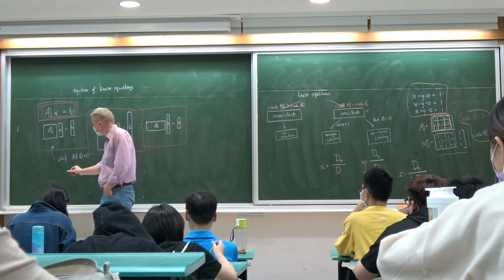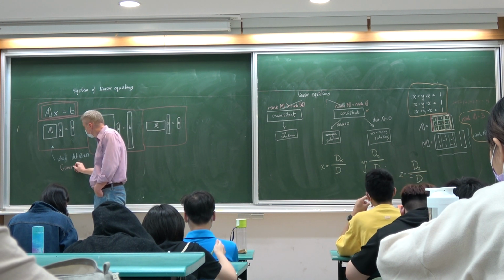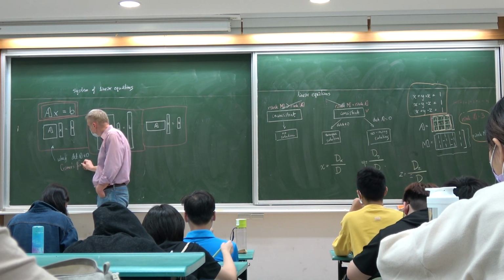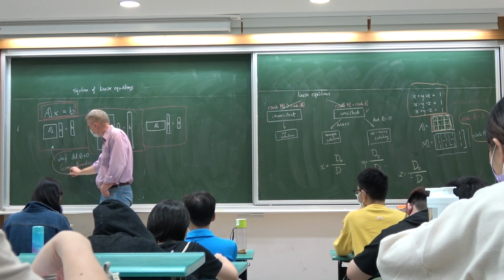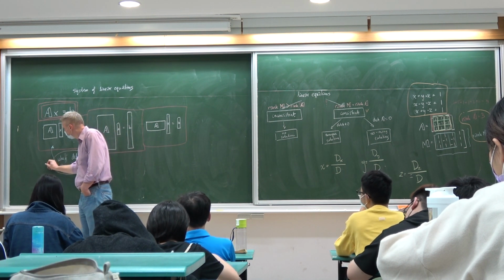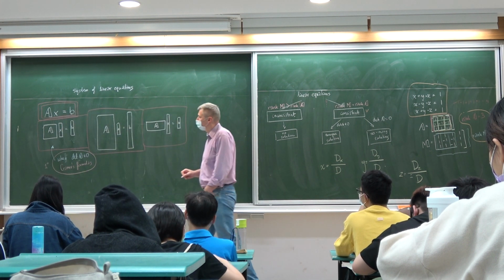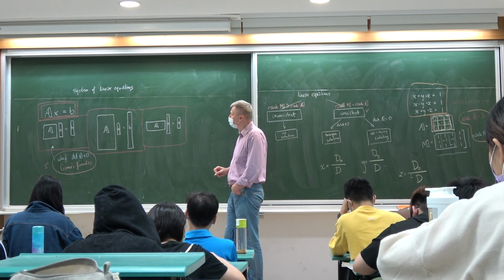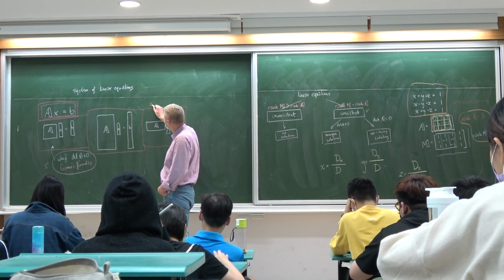Then we use Cramer's formulas. That's the situation number one. Now the next thing that we do is this situation. That would be our situation number two.